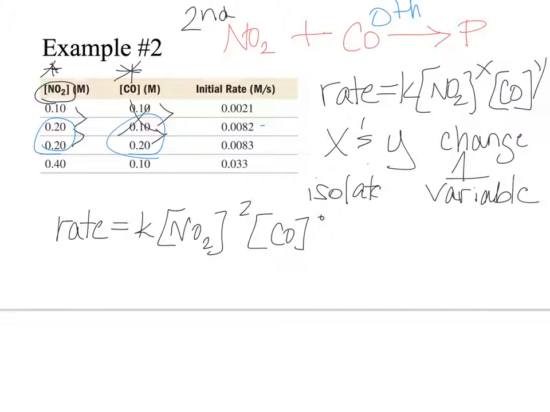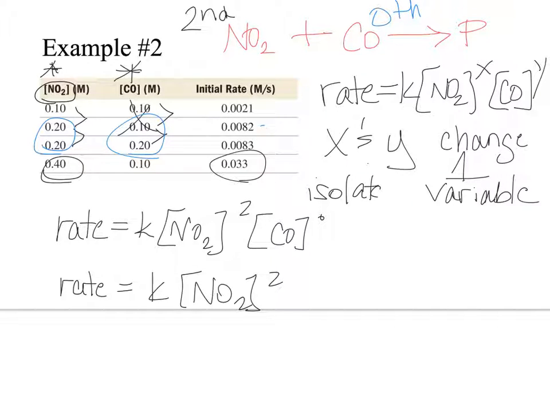And anything to the 0th power is 1, so we would simplify that further. Rate is equal to k times nitrogen dioxide squared. All right, again, I'm going to solve for k. It doesn't matter which trial I use. I can use 1, 2, 3, 4, but I need to be consistent. I need to use the concentration and rate from the same trial.